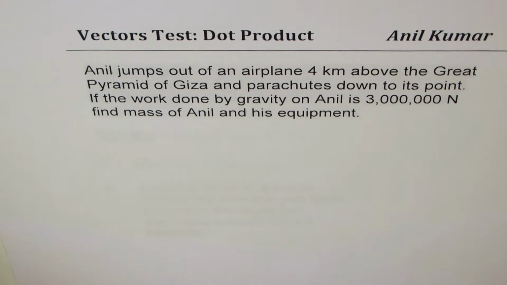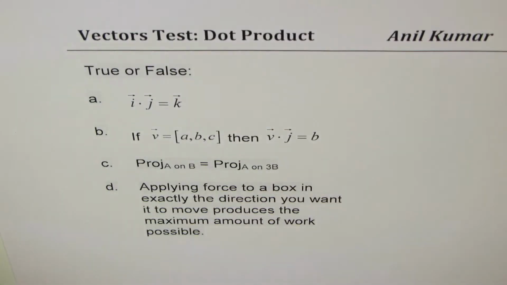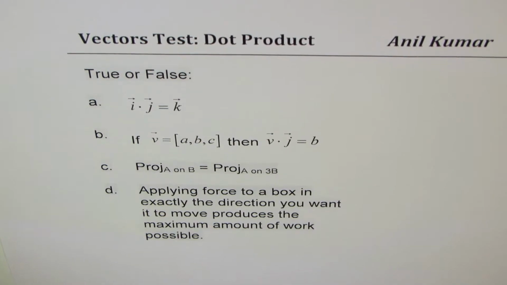This is where we started. So let's get back to our questions. We have one more here, which is just a true or false to summarize all that we have learned. So these are all the topics. Now let's begin from the very first page, a basic understanding of dot products.